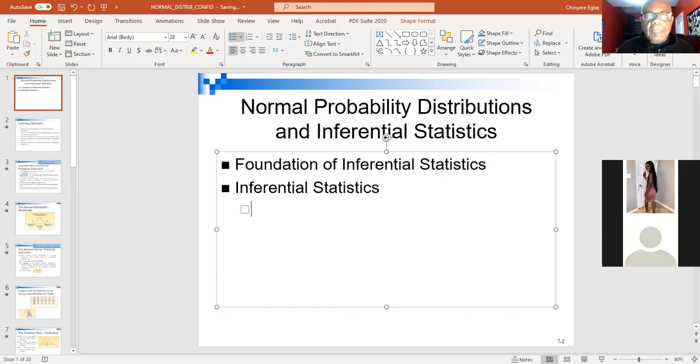Now, what happens in statistics is that our subject is a population. So we want to be able to describe the characteristics of a population. For example, how do you define population? Again, I'm going to quickly review things that you learned in introductory statistics.